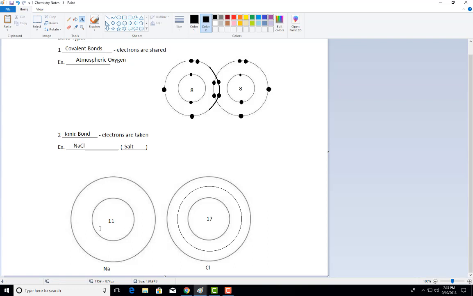Ionic bonds. All right. So down here with this ionic bond, we're making ions. The sodium had one in its outer shell. It's lost that, so it should have 11 electrons, but it's only going to have 10 because it's missing a negative charge. It's going to be positive because it's missing an electron, missing a negative charge.